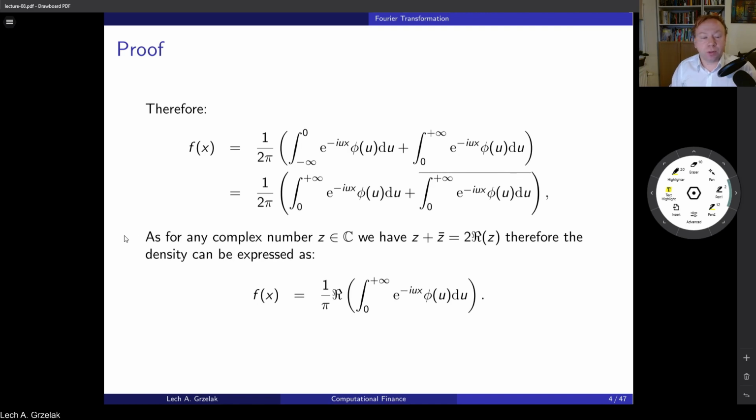Now we use a property from complex numbers, which states that if z is a complex number, then z plus its conjugate is equal to 2 times the real part of z. So this expression is equal to 2 times the real part of the integral. This is what was necessary to derive to prove this lemma.